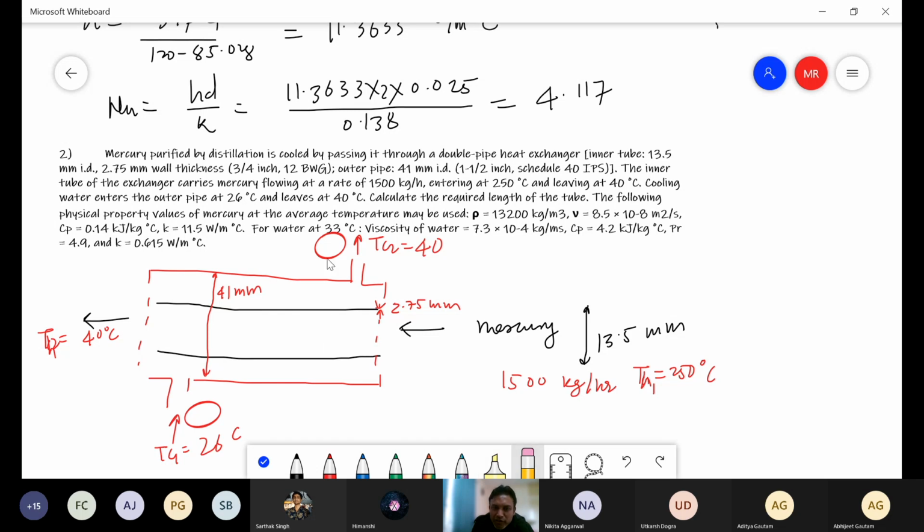If we start the other way around, that is something called co-current flow, because the flow of the water and the flow of the mercury will be in the same direction. But now the flow of the water and the flow of the mercury is in opposite direction. Remember, water is flowing in this direction, whereas mercury is flowing in this direction. But if I include water here and take it out here, both water and mercury will be flowing in the same direction.